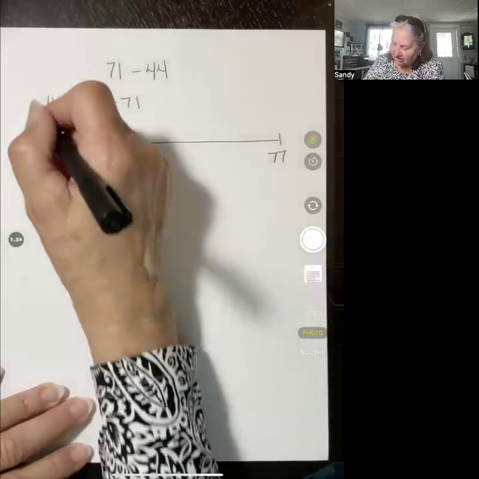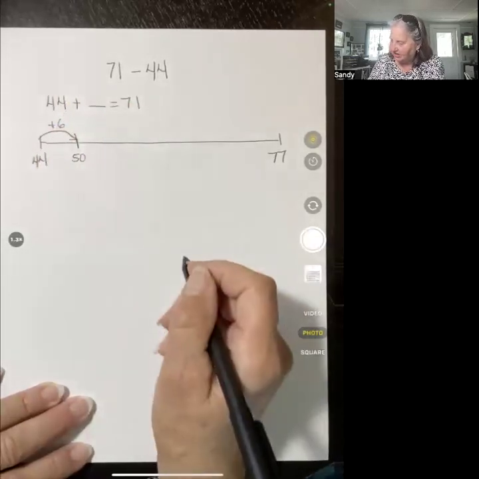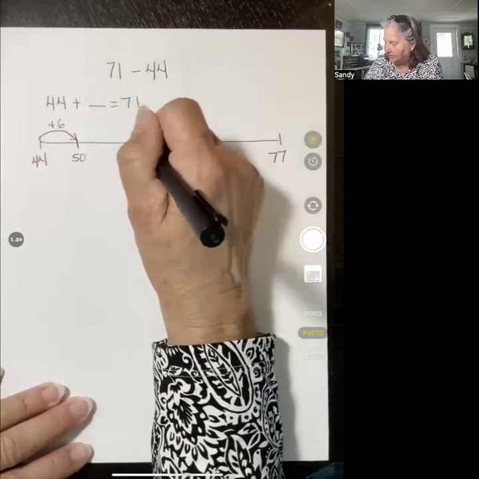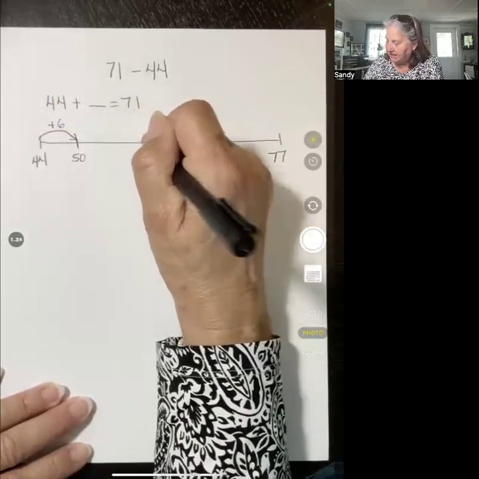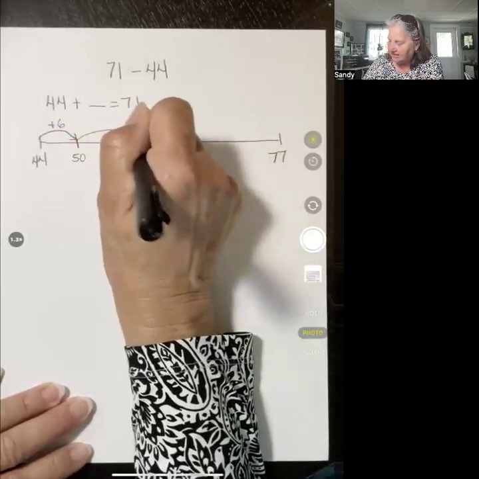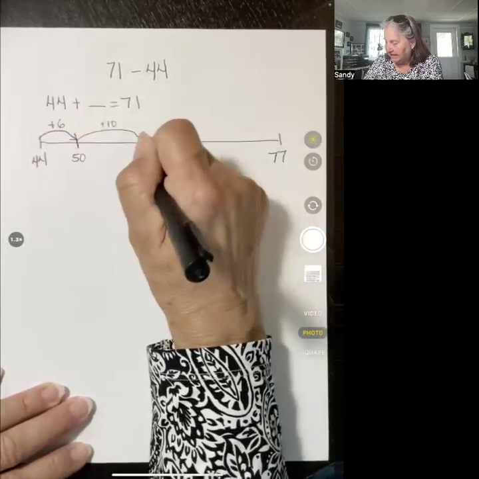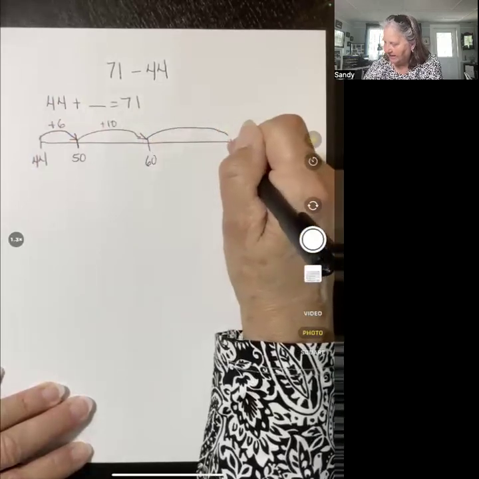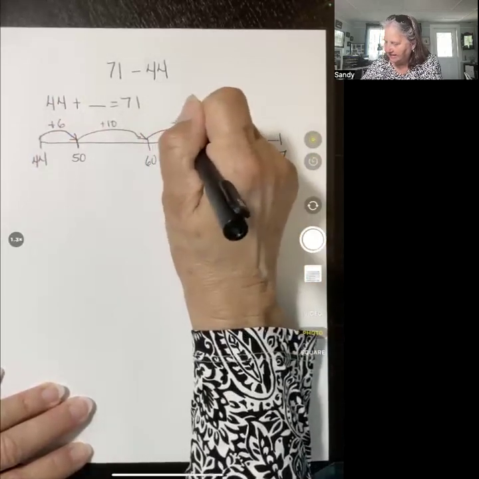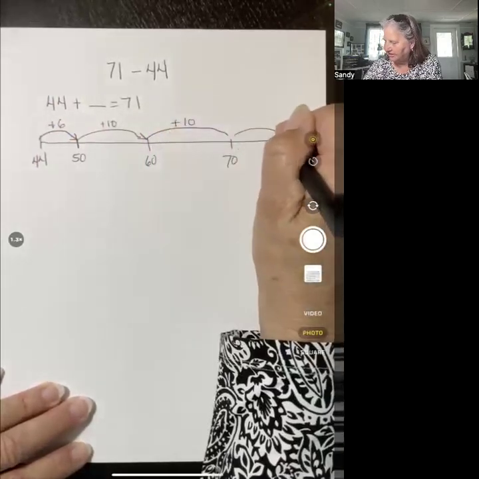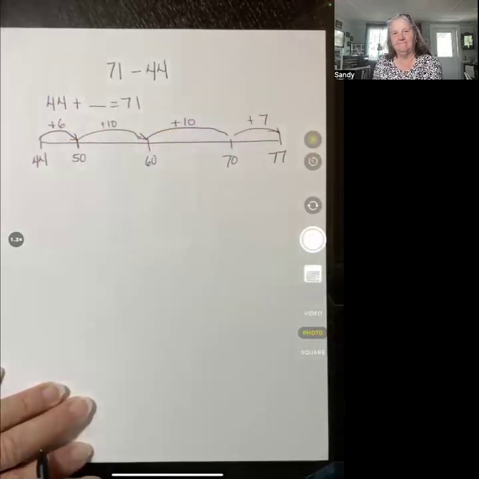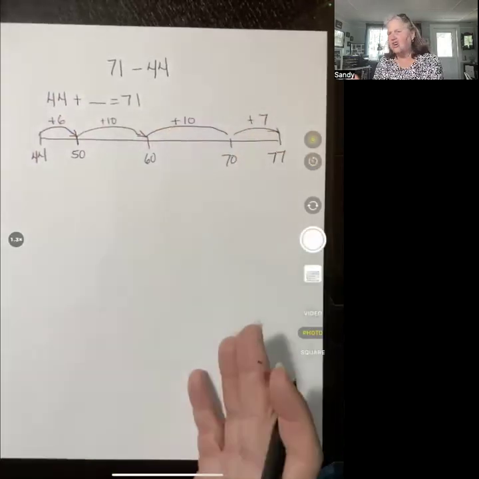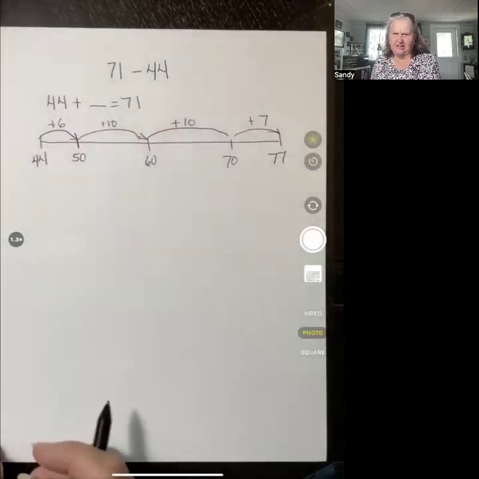Okay, so I can do this where we count on 6 to get me to 50. I can count on 10 to get me to 60. I could count on 10 to get me to 70. And then I do another jump of 7. Now, there's all varieties of ways that I could do this, right?